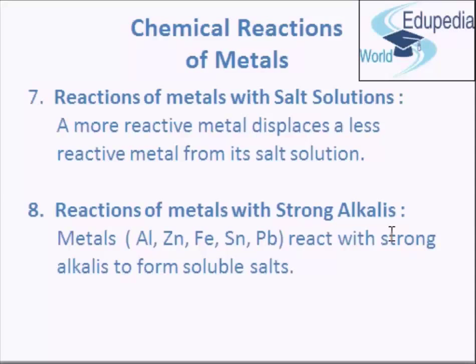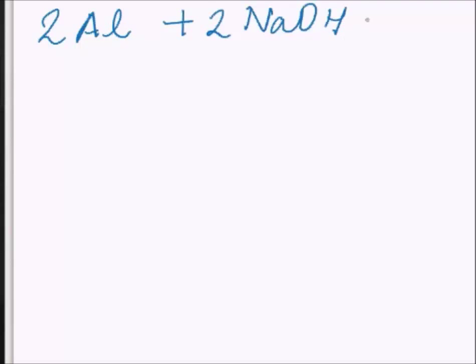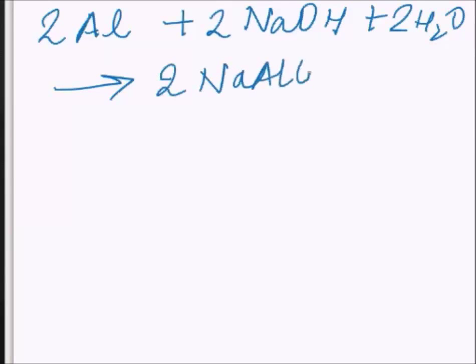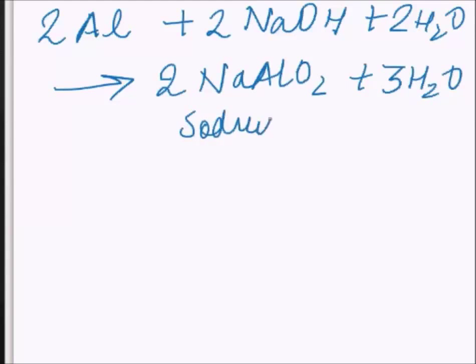And the chemical reaction will be like this. 2Al, when it reacts with 2NaOH along with water, the final product would be sodium aluminate, 2NaAlO2, along with 3 molecules of hydrogen. This is sodium aluminate.